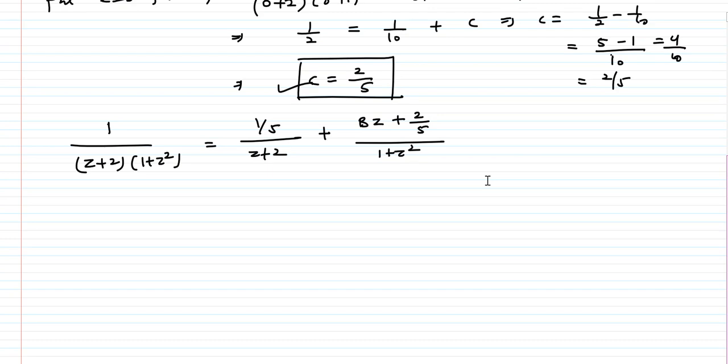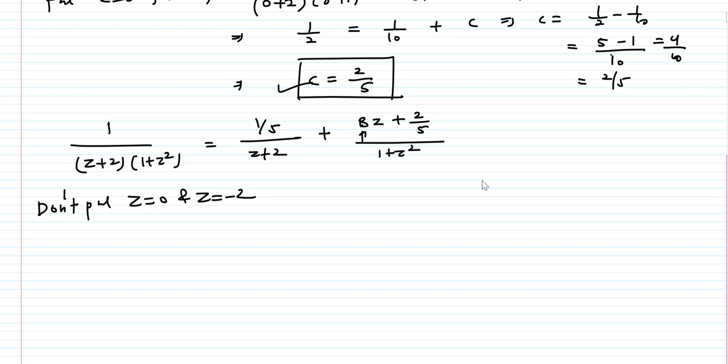So now we have only one task, one unknown variable, that is b. So we can put any complex number except 0 and negative 2 because we have already used those. So don't put z is equal to 0 and z is equal to negative 2.